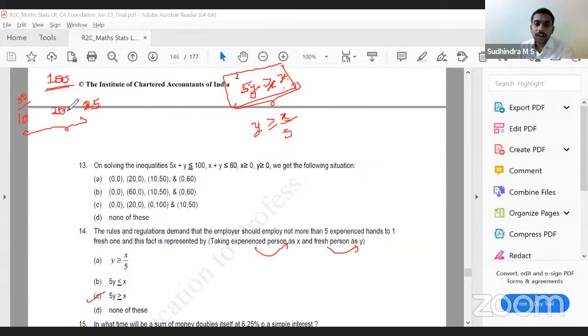So same example, if y is 20, 100 by 5 is 20, equal. If y is 25, 100 by 5 is 20. So 25 is greater than or equal to 20. Condition is satisfied. Therefore, option A is also correct. Option A and C both are correct.